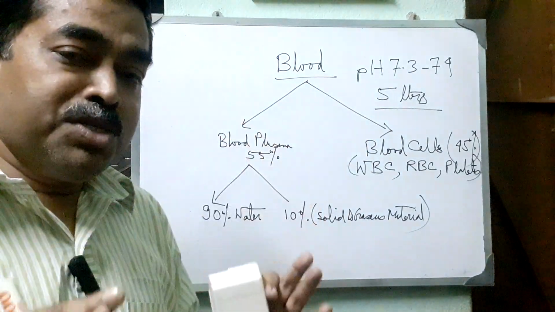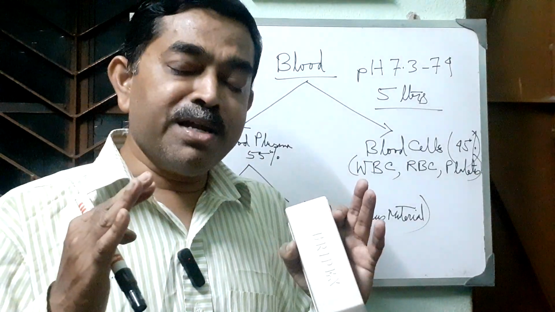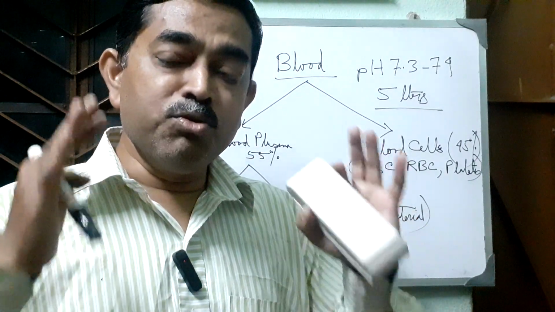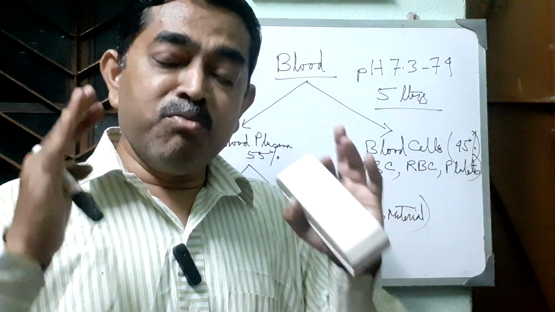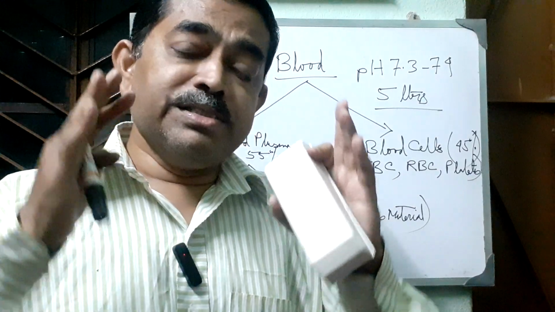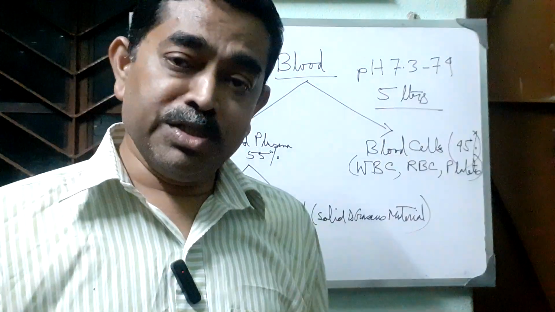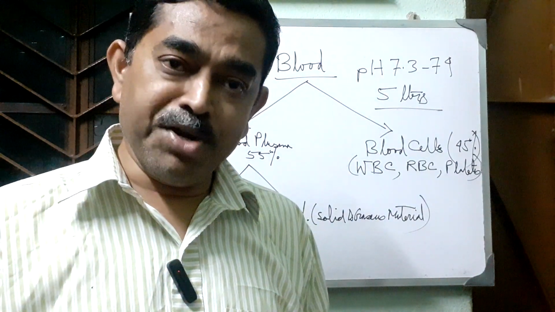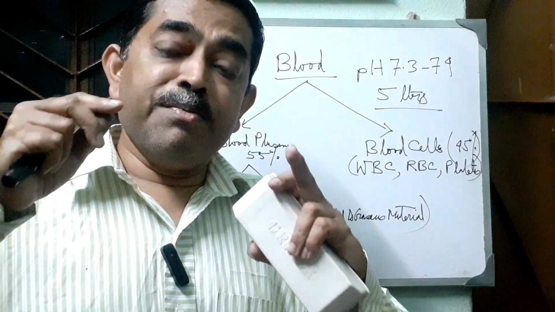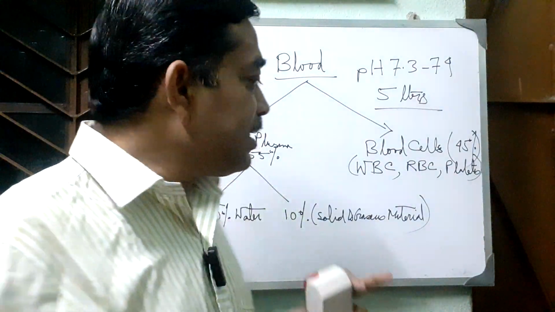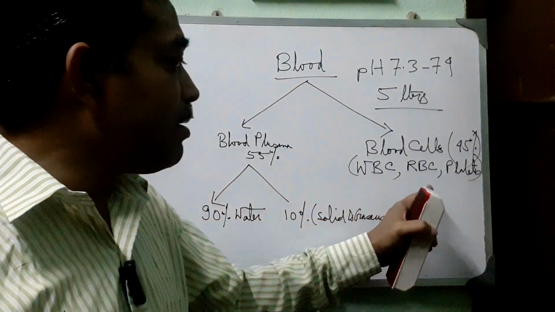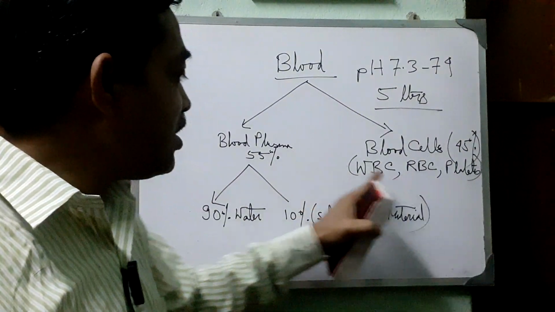Among WBC there are different types: neutrophil, eosinophil, basophil, lymphocyte, and monocyte, and all help in the immune response of the body. And platelets help in blood clotting. So these blood cells have different functions.